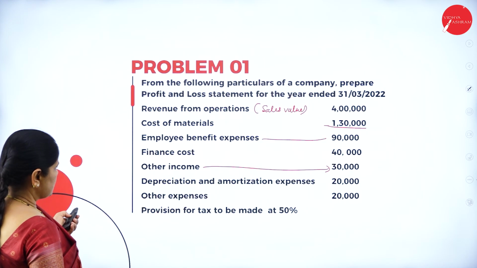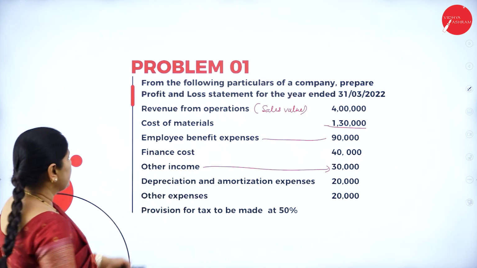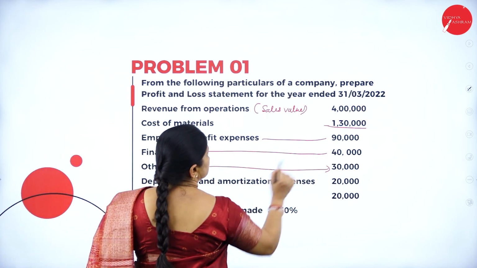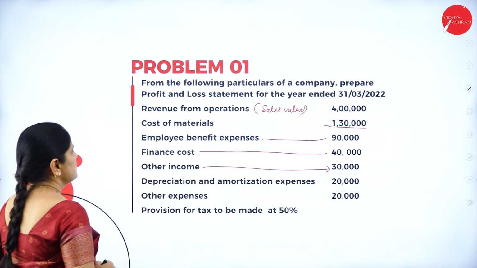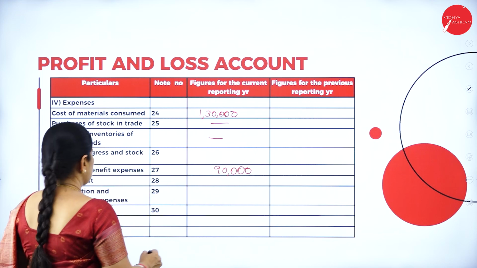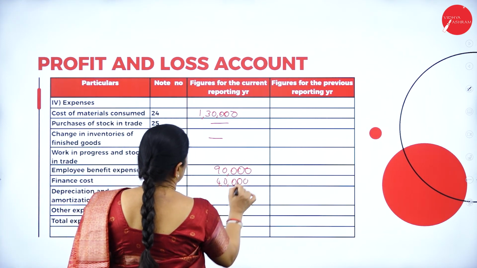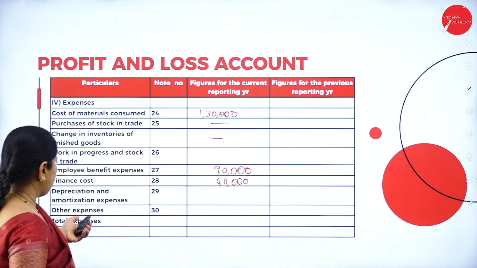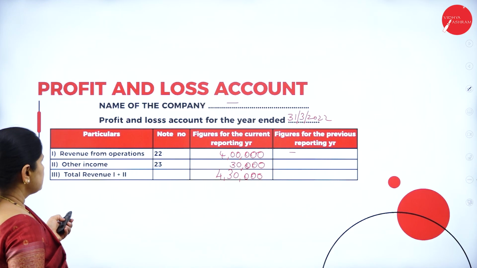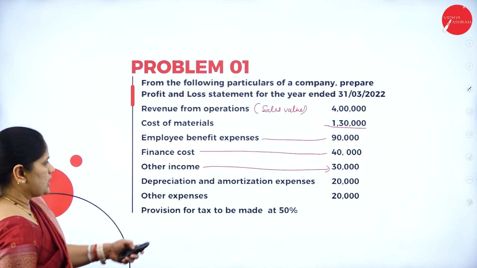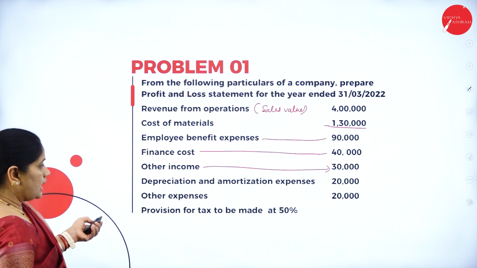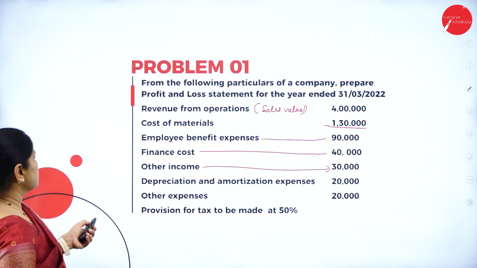Then, next they have given us the finance cost. Finance cost is 40,000. So, I write the finance cost as 40,000. Then next we have depreciation and amortization expenses 20,000, other expenses 20,000.